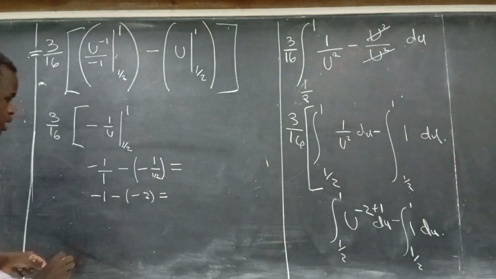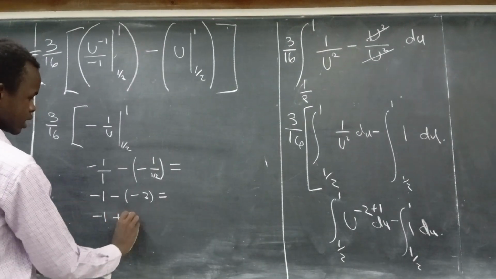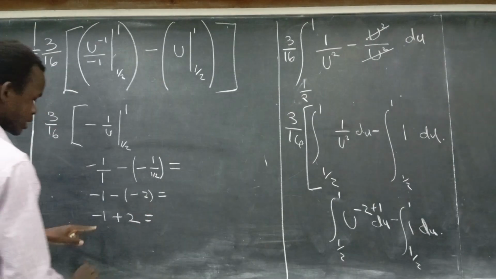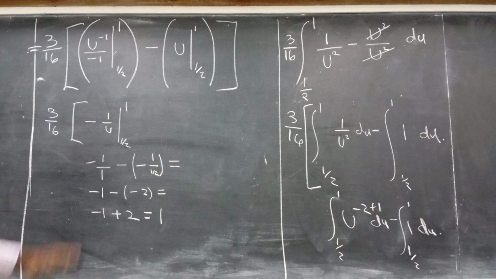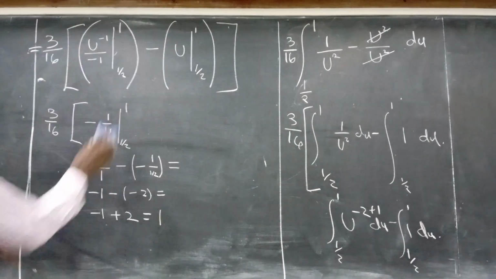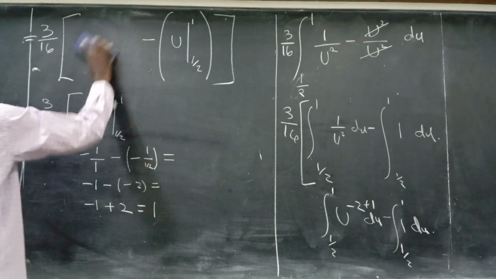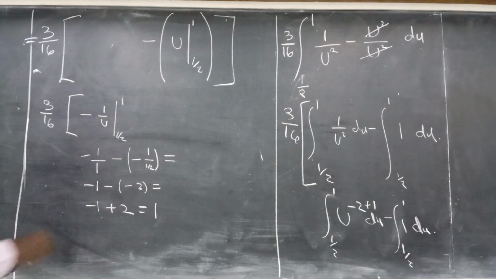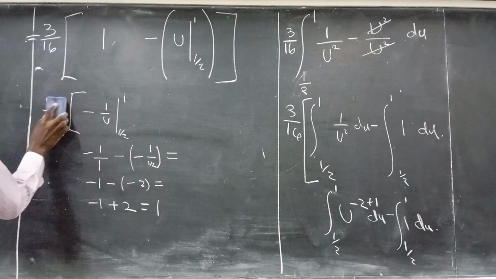We'll get my answer to be negative 1 plus 2, which is just the same as 1. Okay? So from there, this part I'll replace with 1. As you can see, this part is just the same as 1.